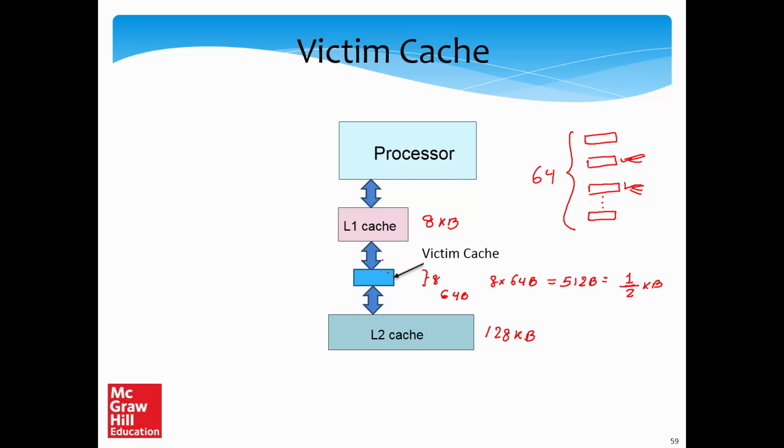So a victim cache can prove to be very useful because it's not significantly adding to the access time. The L1 cache takes one cycle to access, and we access the L1 and the victim in parallel, or we access the L1 first and the victim later. The access time to the victim cache will still be an additional 2 cycles or so. But as compared to that, an L2 cache can take much longer to access, somewhere between 10 to 15 cycles.